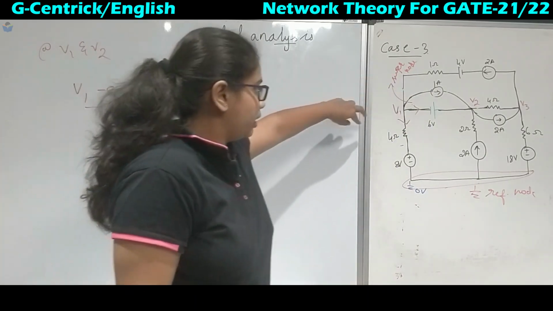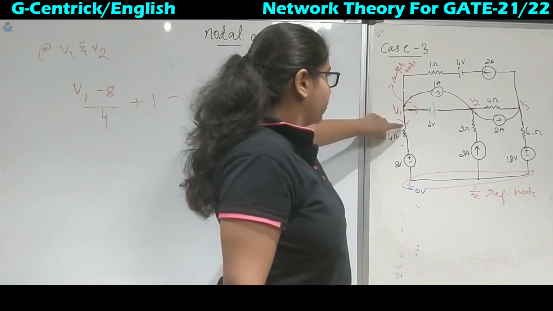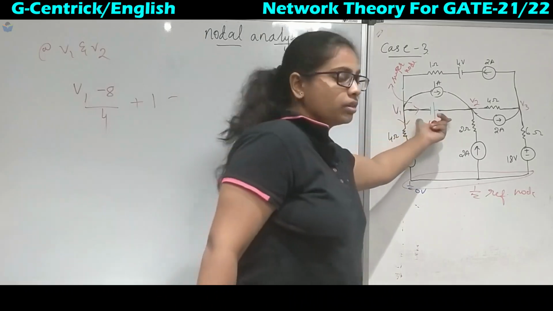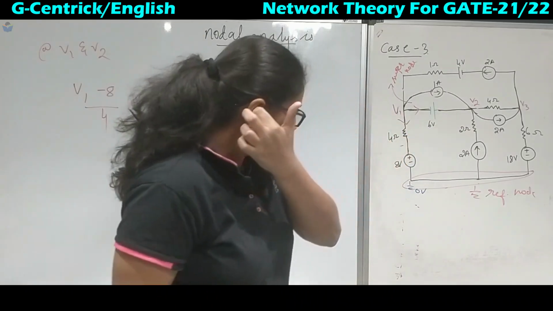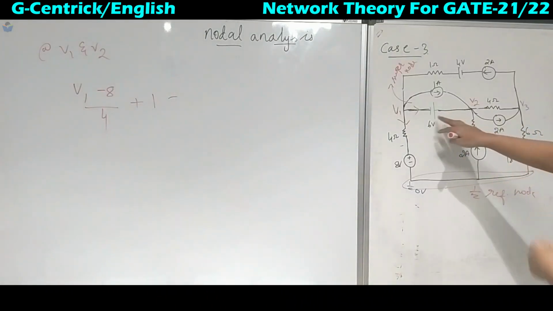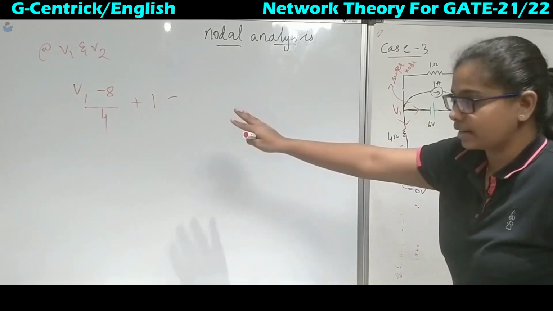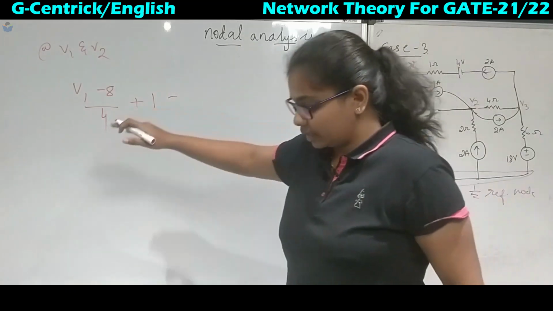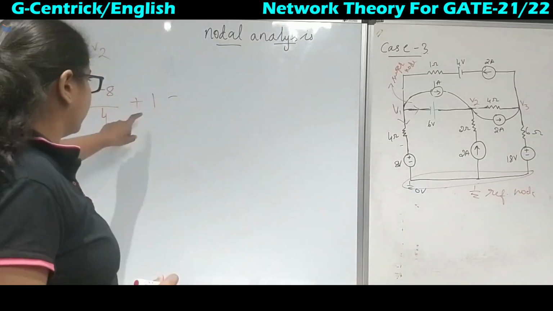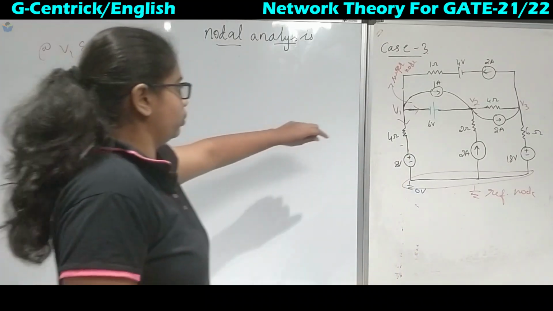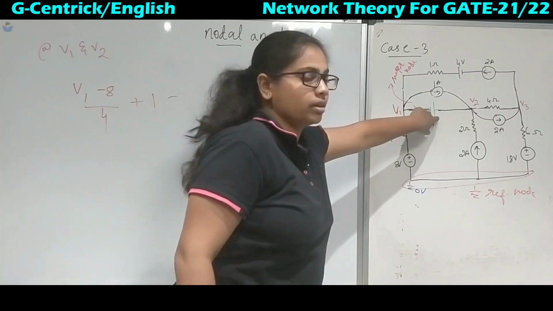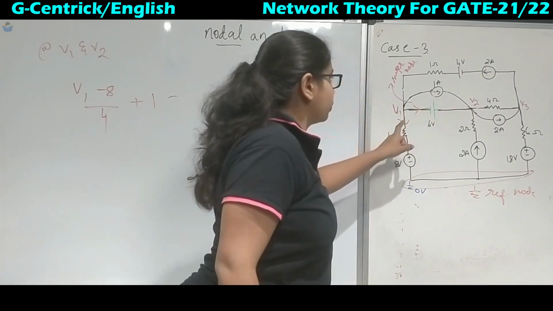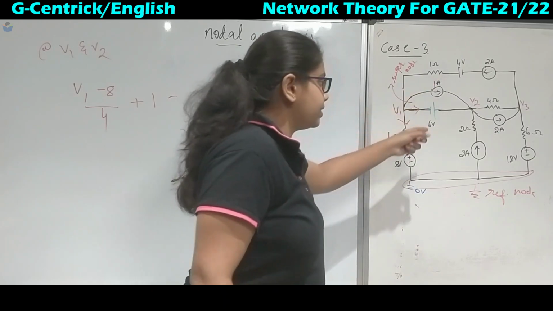Now there are 3 branches of outgoing. We are leaving the supernode because we are considering it together. We will write this equation later. Ignore the supernode for now. So this is outgoing, outgoing, outgoing, and that is incoming.